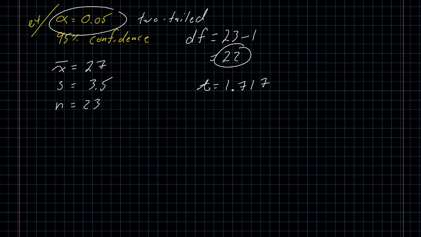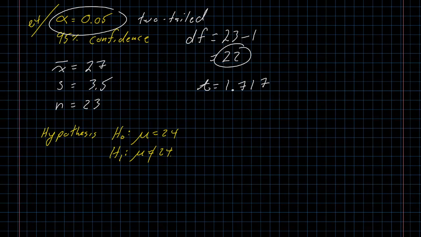Then what I do next depends on if I am looking for a confidence interval or if I'm looking at a hypothesis test. I think that the hypothesis test is a little bit more interesting. The null hypothesis might be that mu is equal to 24, and then the alternative hypothesis is that mu is not equal to 24.